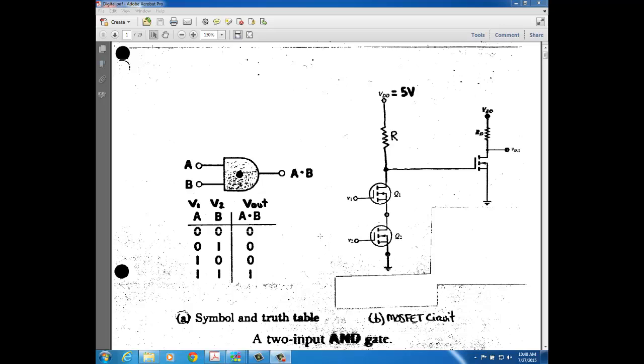So what we're going to do next is show how this truth table is achieved with this circuit here. Each of these MOSFETs is being operated as a switch. Remember, when you're operating a transistor as a switch, the input to the transistor, which is the gate voltage for this MOSFET, can only be one of two values, either a 0 or 1.